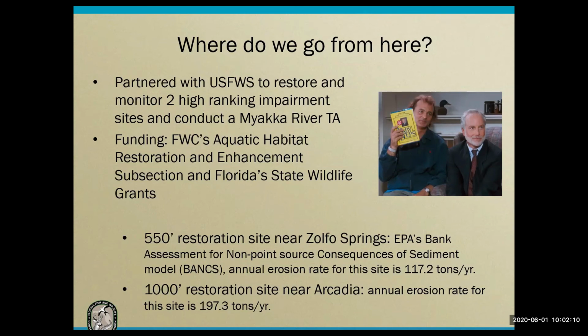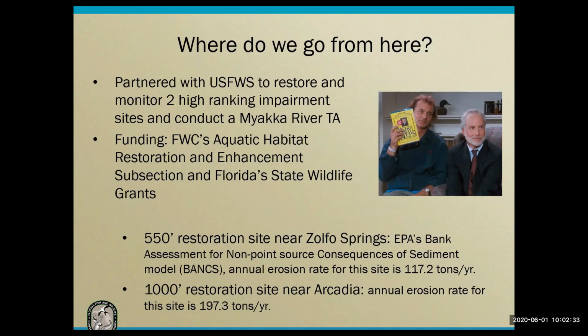So we have two sites that we're restoring. One site near Sulfo Springs is about 550 feet long. Another thing worth mentioning is we calculated the erosion rates of this site using the Bank Assessment for Non-point Source Consequences of Sediment model, or BANKS model.